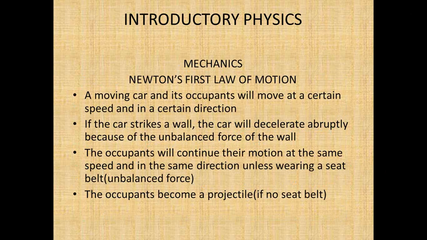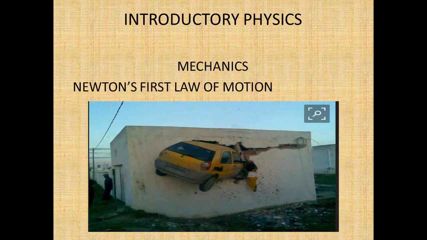If not, you'll be projected. You'll be ejected from the car, and you become a projectile. So that is the rationale for seatbelts. Seatbelt is an unbalanced force which will prevent you from being ejected from a moving vehicle.